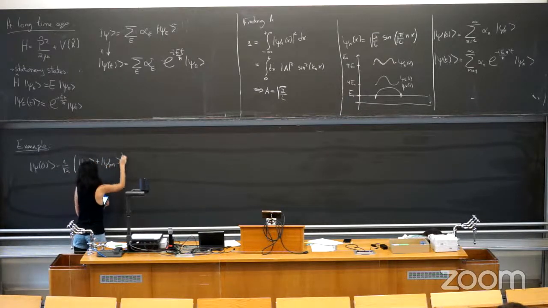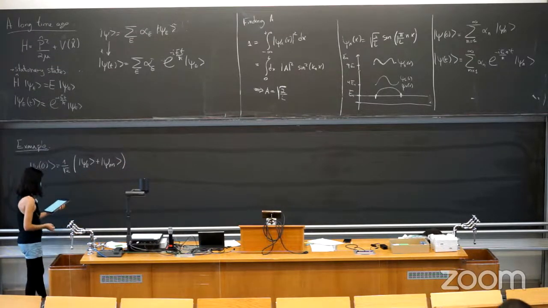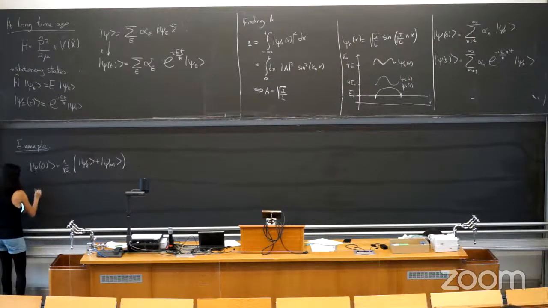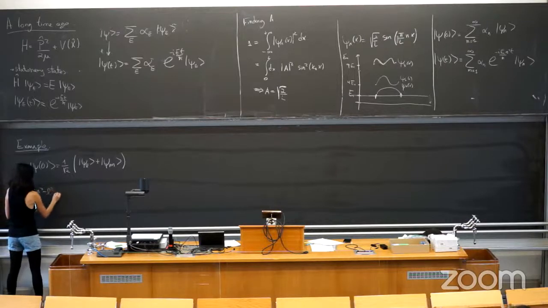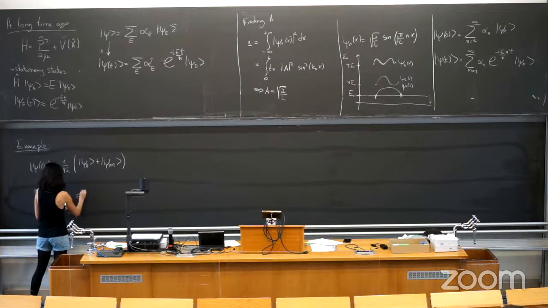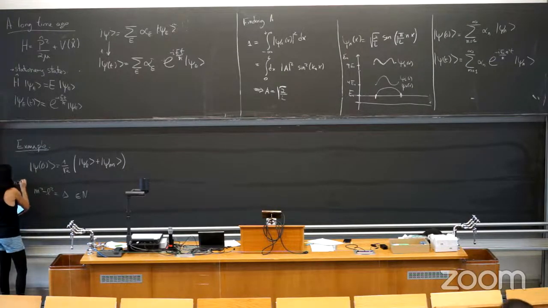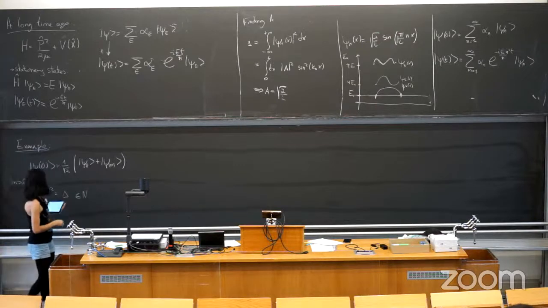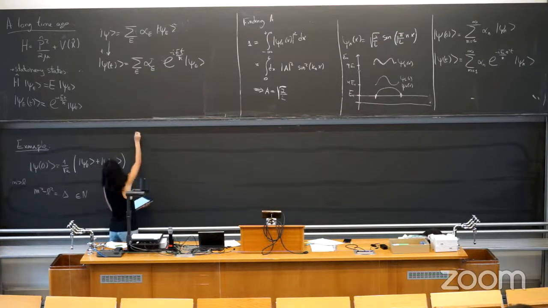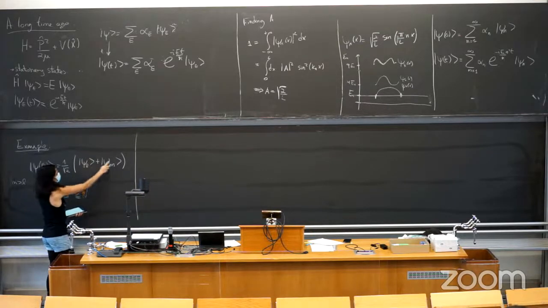So these are different values of n, L and M. Let's call m squared minus L squared delta, which is a natural number. Let's say we pick m larger than L, so this is the lower energy and this is the higher energy eigenstate.